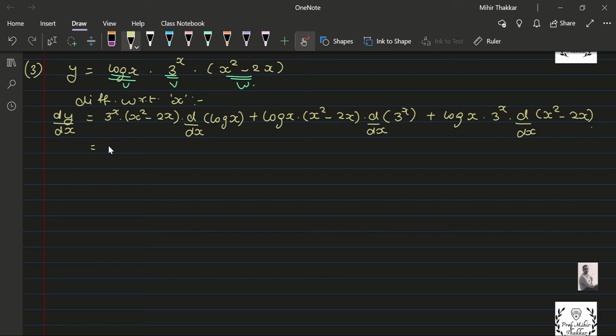This 3 raised to x will be as it is because it is outside the derivative sign. X square minus 2x, as you know, again it will be left outside. Derivative of log x, you got it right, 1 upon x, plus log x and x square minus 2x will be copied down as it is.